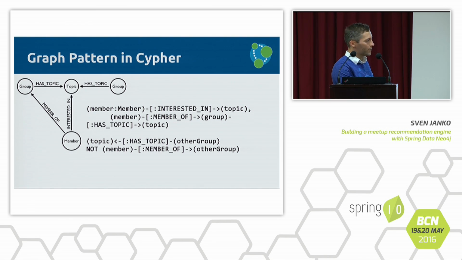That's this path. And then we have a topic which is part of another group. So that is this path. And then the last thing is we need to define that we are not a member of that group. So that's what we do with the last clause here.